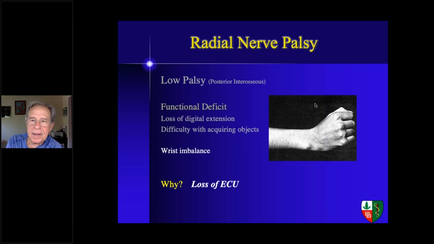Very good, exactly. So the ECRL is working in this guy's case, and he can stabilize his wrist, but the ECRL, because of its vector, has an abduction vector at the wrist, a radial deviation, as you see, and there's no balance for that, so his wrist radially deviates.